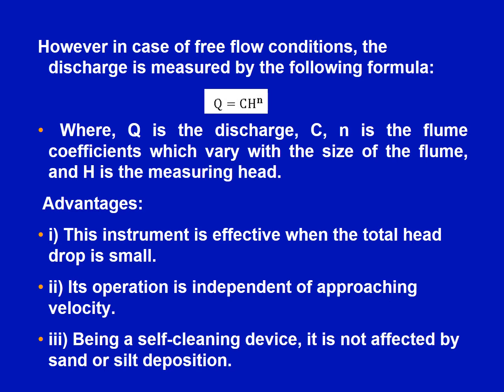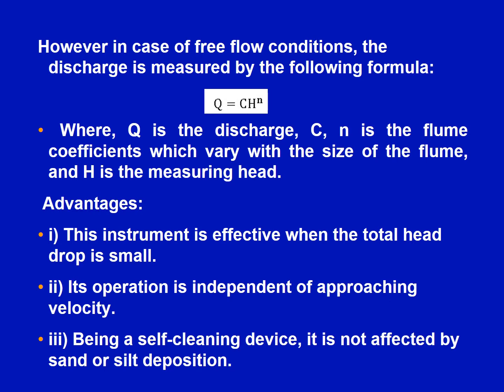Now, the advantages of this over various other structures or instruments to measure discharge. When the total head drop is very small, at that time it can be used. Its operation is independent of approaching velocity. That means whether velocity is high or low, its performance does not change.